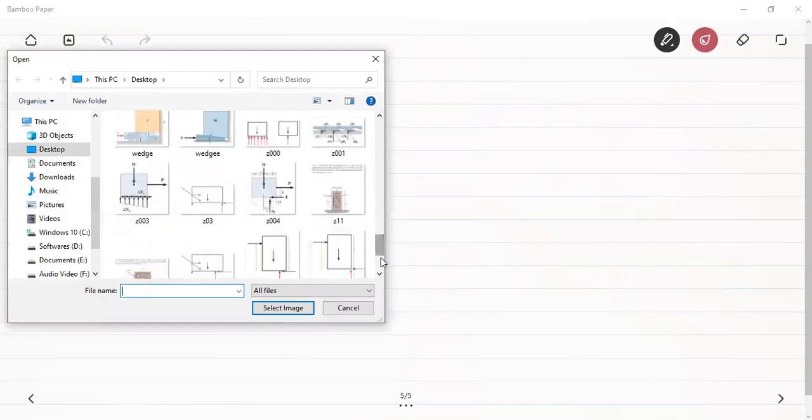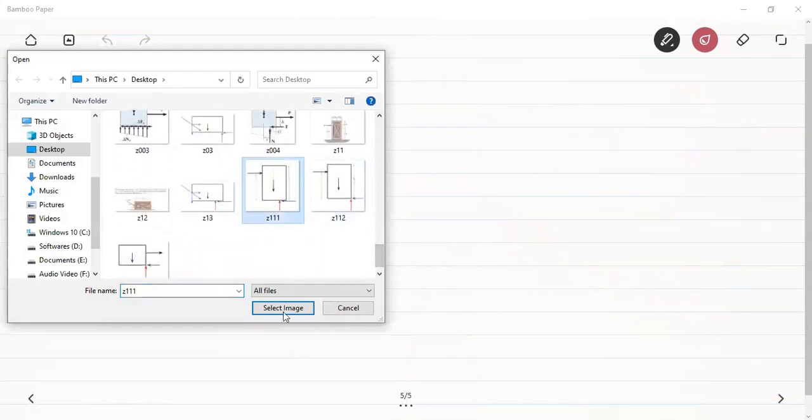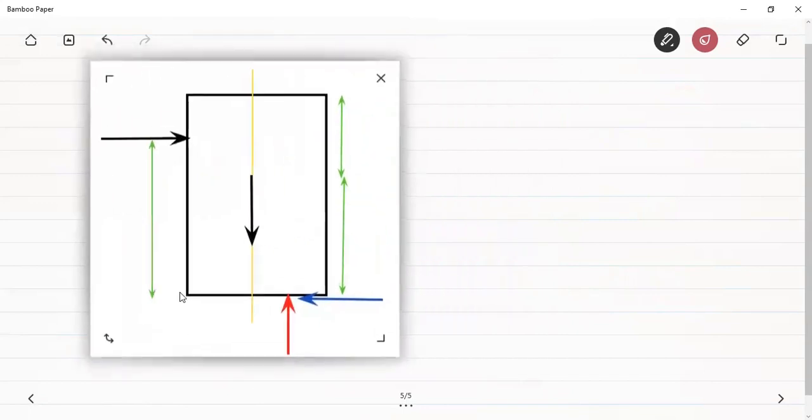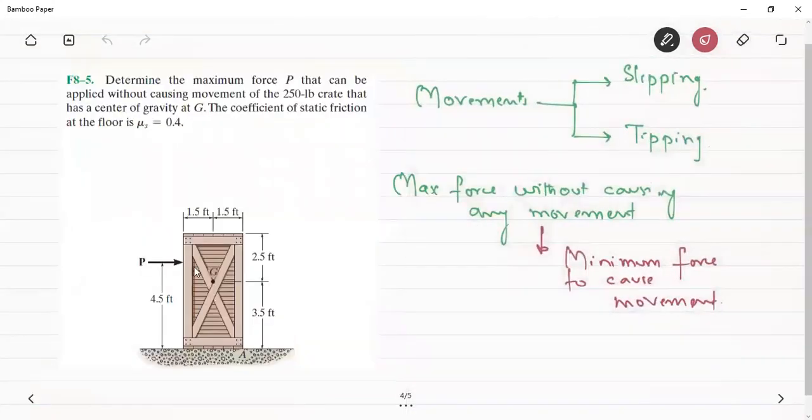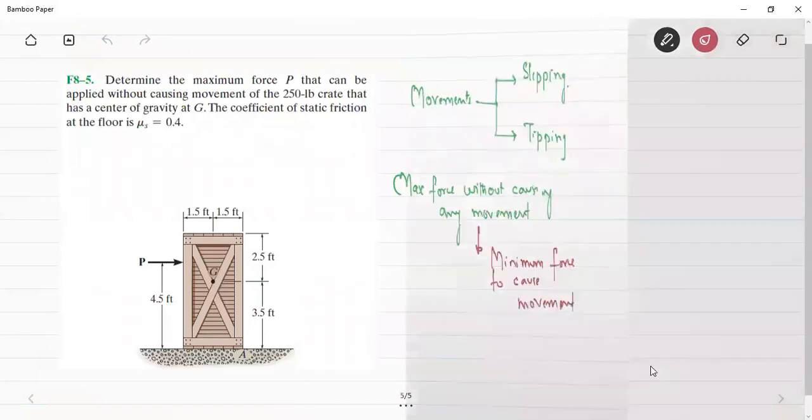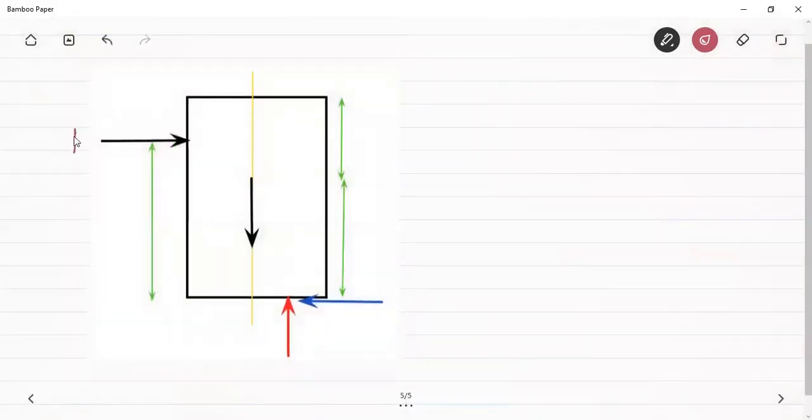Let's see its free body diagram. So this is the force F, or force P here in this question. For checking of the slipping, let's assume that the normal reaction is at some distance x.